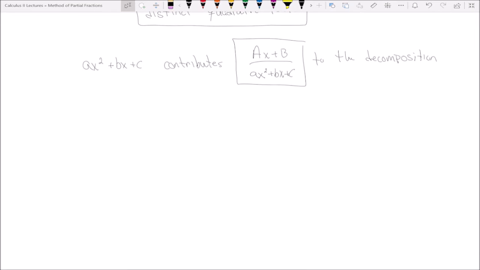The final possibility is that q of x has ax squared plus bx plus c raised to the rth power as a factor. This is a repeated quadratic factor.